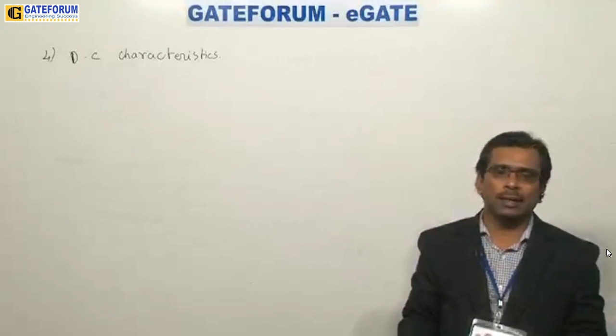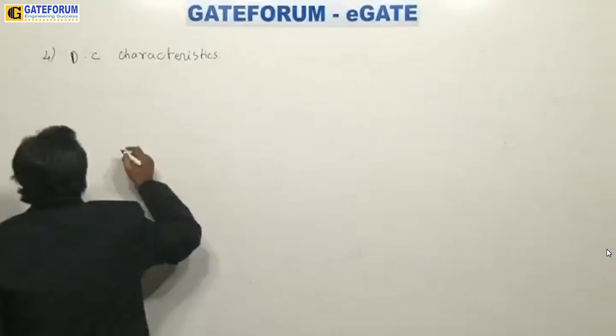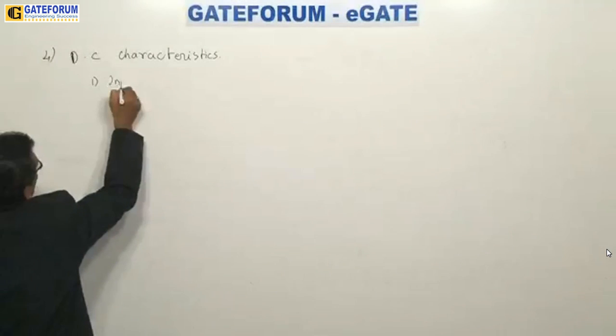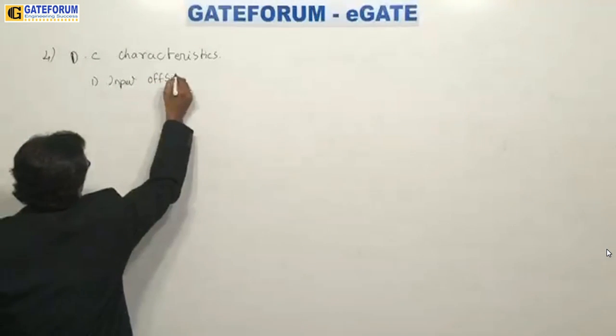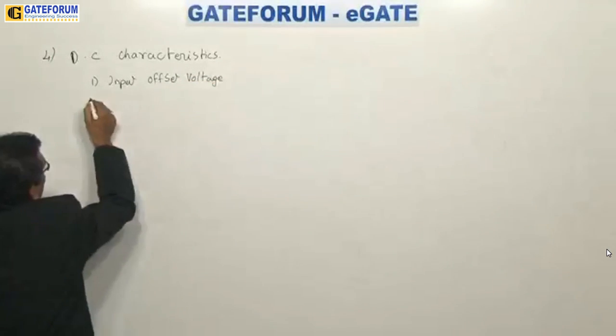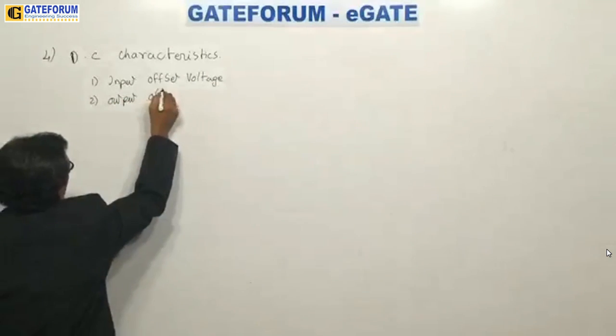So what should I correct? That is the question. For that, there are some parameters to be observed here. Let us try to see. The first one we have is input offset voltage. The second one, output offset voltage.